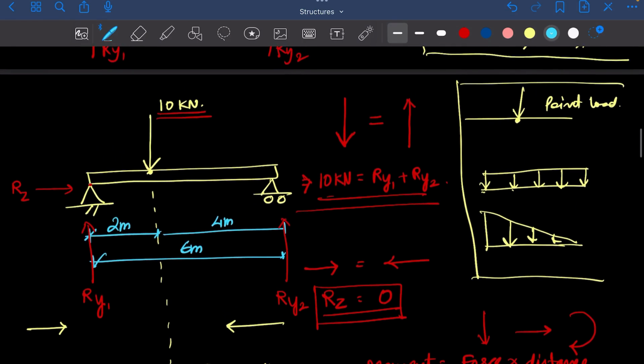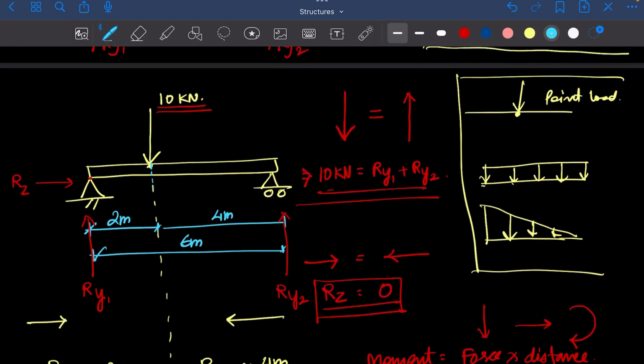Taking the same example here again. So if I see from this particular line, call it C, this force is going to bend the beam this way. If I try to look in this direction, my force is going to bend the beam in this way. So if it's bending the beam in this way, it's creating a clockwise direction, right?